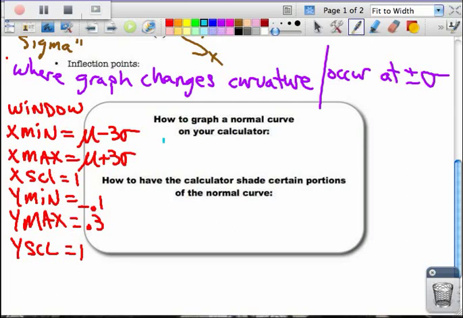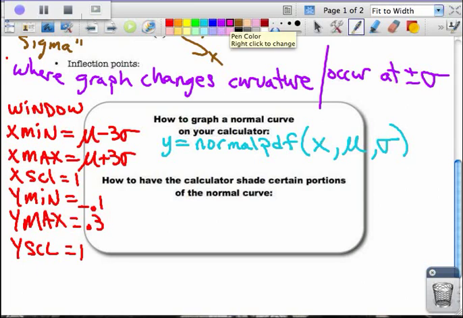So you're going to go to y equals, and you won't know how to do this until I tell you, but it'll be normalPDF, parentheses x, and then mu, and then sigma. And some of the things that you need to know is that the mu and the sigma are both numbers. And you'll see that when we do our problem.